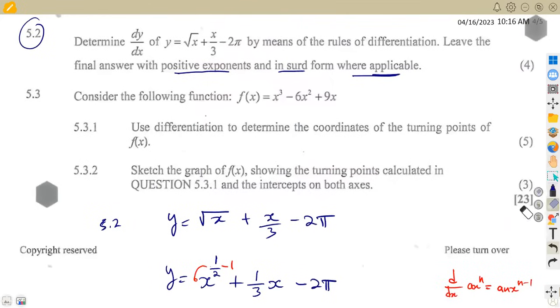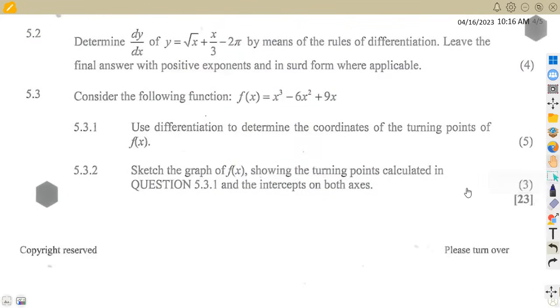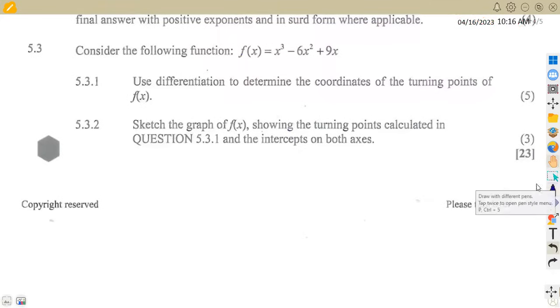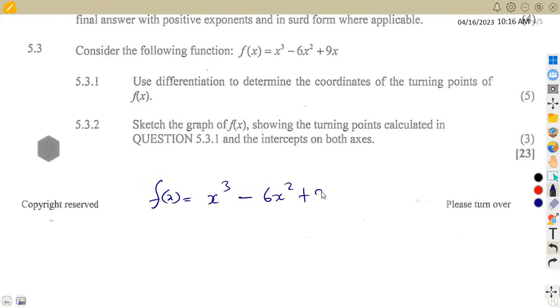5.3, we are now given to consider the function f of x, which is equivalent to x to the exponent of 3 minus 6x squared plus 9x. Use differentiation to determine the coordinates of the turning points of f of x.